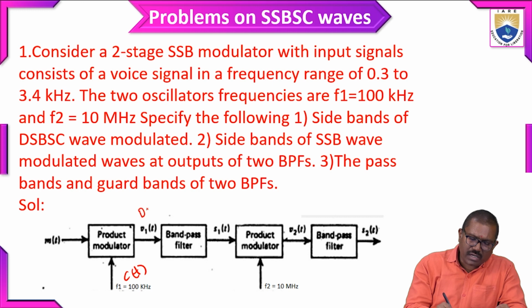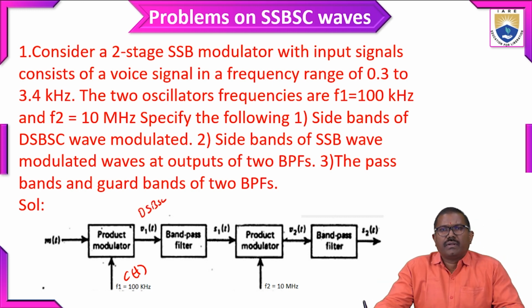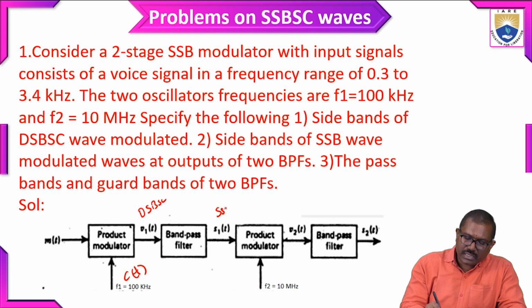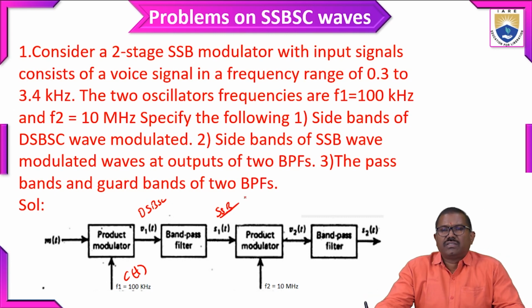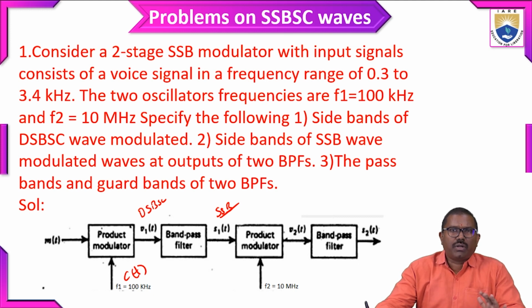The generated one is the DSB-SC signal. This DSB signal is passed through a bandpass filter, and the required SSB is generated. So the output of the bandpass filter is SSB. But in this problem, they have given two stages, so we use two product modulators and two bandpass filters. This is a brief discussion about this problem.